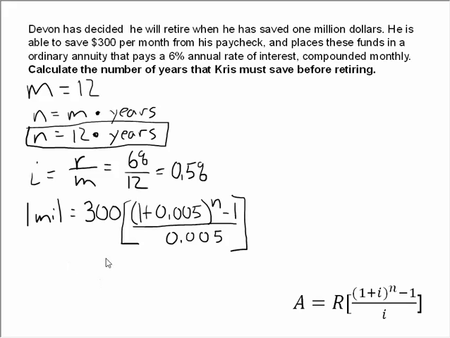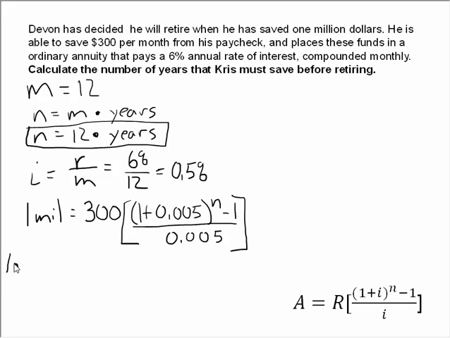And now we want to simplify. Well, what's left here that's unknown? N is our only unknown, and that's where we are going to find the number of years. First thing I'm going to do is divide both sides by 300 and multiply by 0.005. I'm going to do that in one big step here.